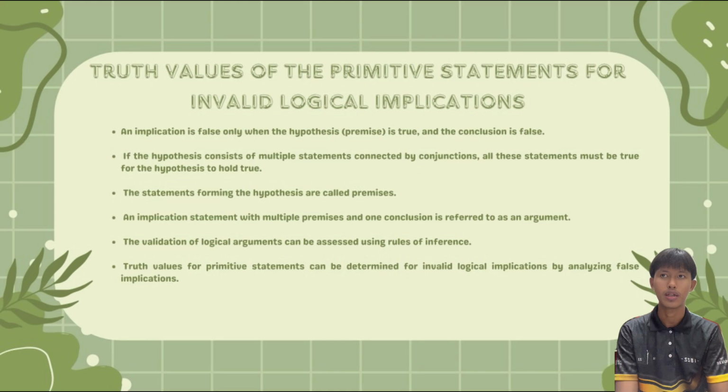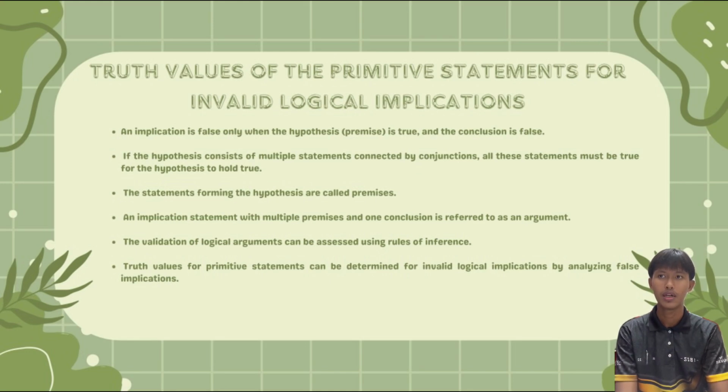The second point, if the hypothesis consists of multiple statements connected by conjunction, all these statements must be true for the hypothesis to hold true. The third one, the statements forming the hypothesis are called premises.